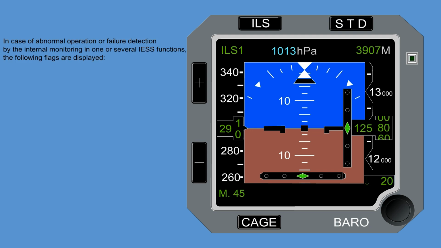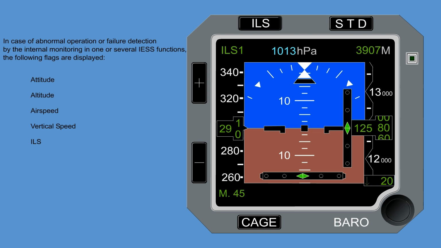In case of abnormal operation or failure detection by the internal monitoring in one or several IESS functions, the following flags are displayed: attitude, altitude, airspeed, vertical speed, and ILS.